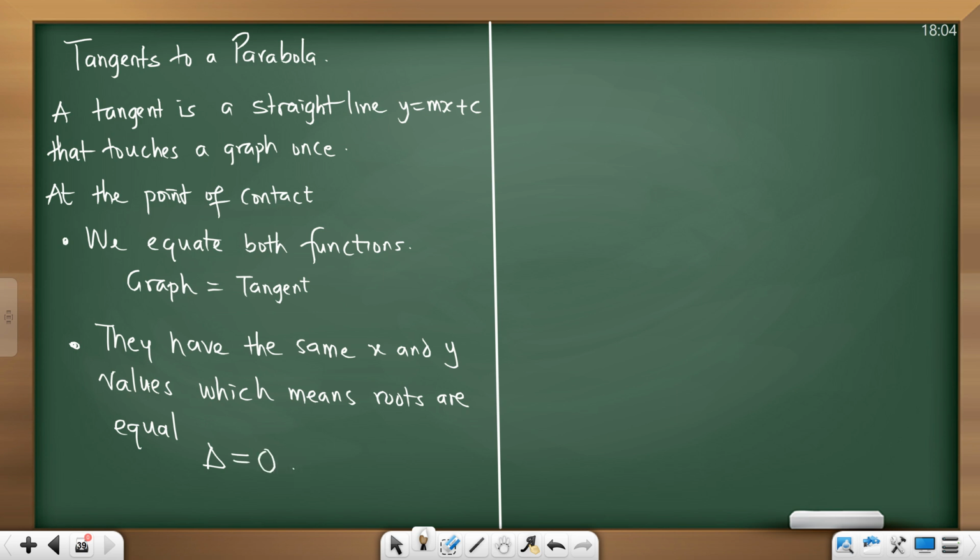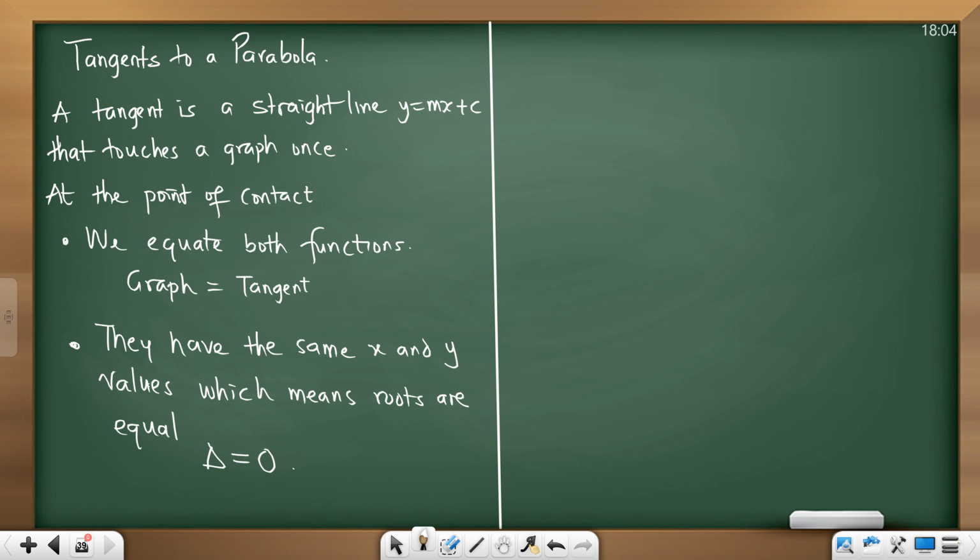So it depends on what you are given in the question to see whether you can just equate and solve, or you have to equate and find the discriminant. I'll show you how to see which way to go. They have the same x and y values. There's a beautiful question coming. And for you guys in grade 12, we can use calculus. It's always shorter. Just set the derivative equal to the gradient and you're done. That's 3 lines.